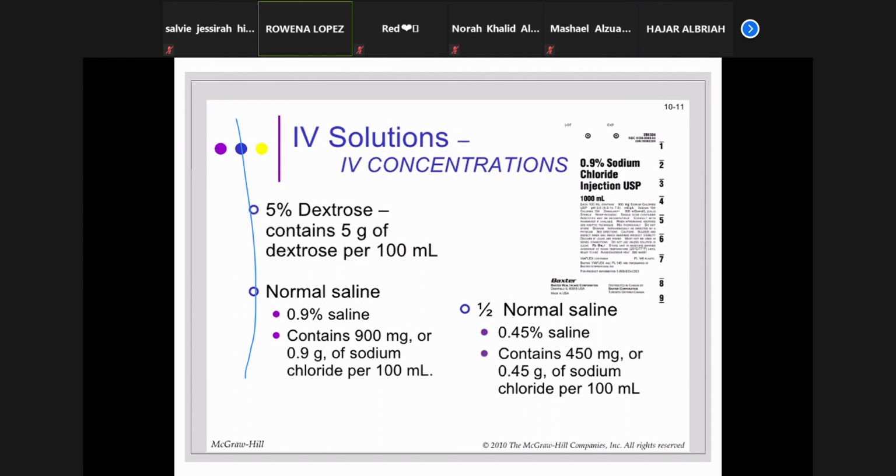We also have the half normal saline, the so-called 0.45% saline, which contains 450 milligrams or 0.45 grams of sodium chloride per 100 ml. So now you know how you are going to calculate, okay?